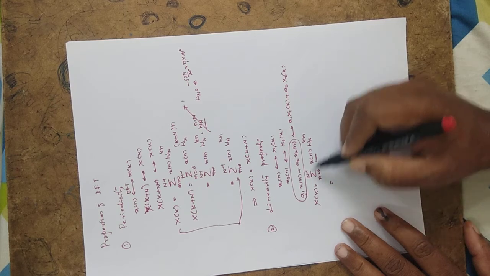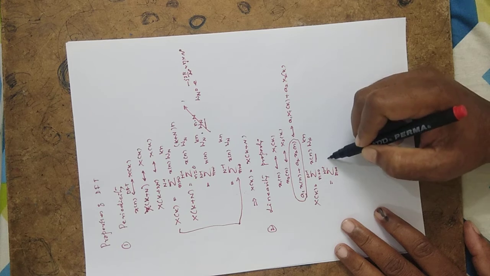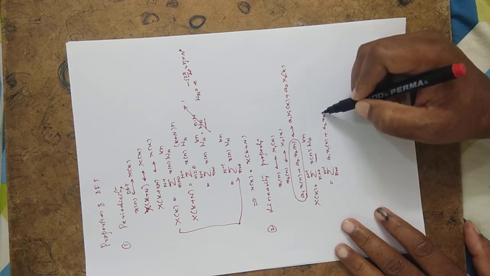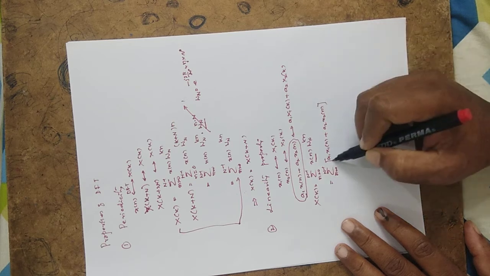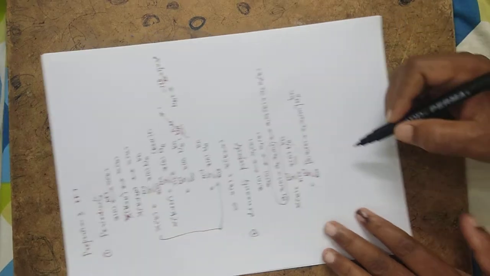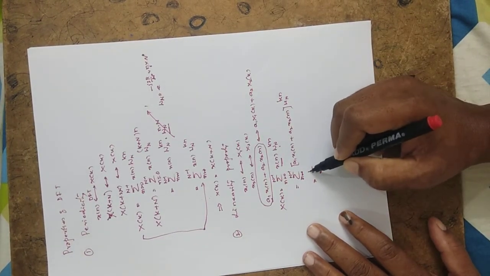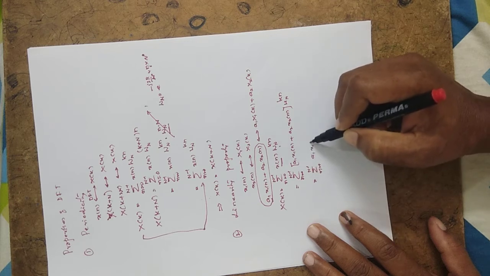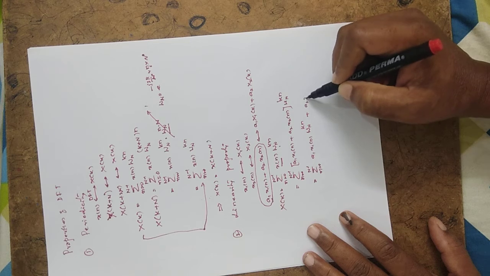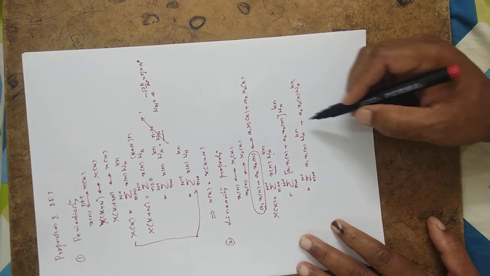So this x of n, I will replace it by this one, a1 x1 n plus a2 x2 n, this one as it is, Wn raised to kn. Then multiply: a1 x1 n Wn raised to kn plus a2 x2 n Wn raised to kn.